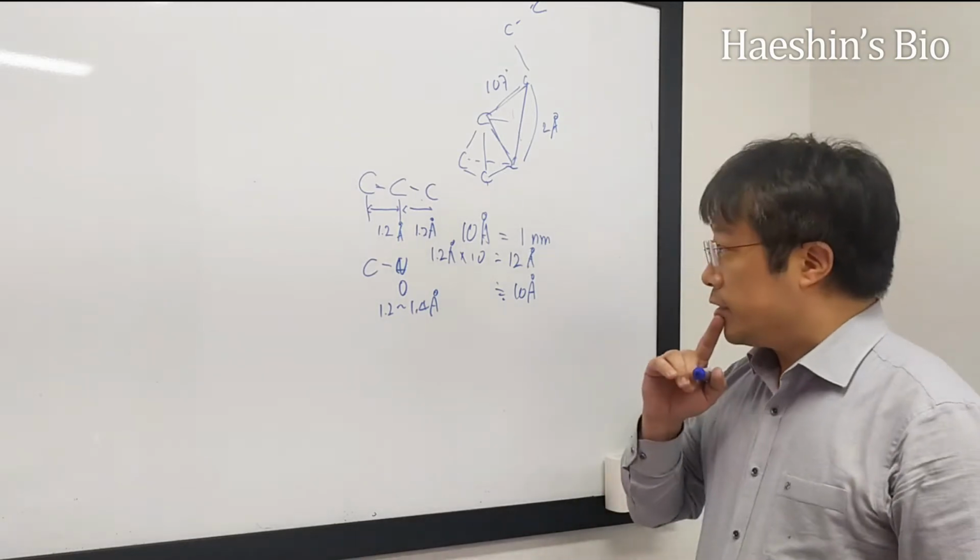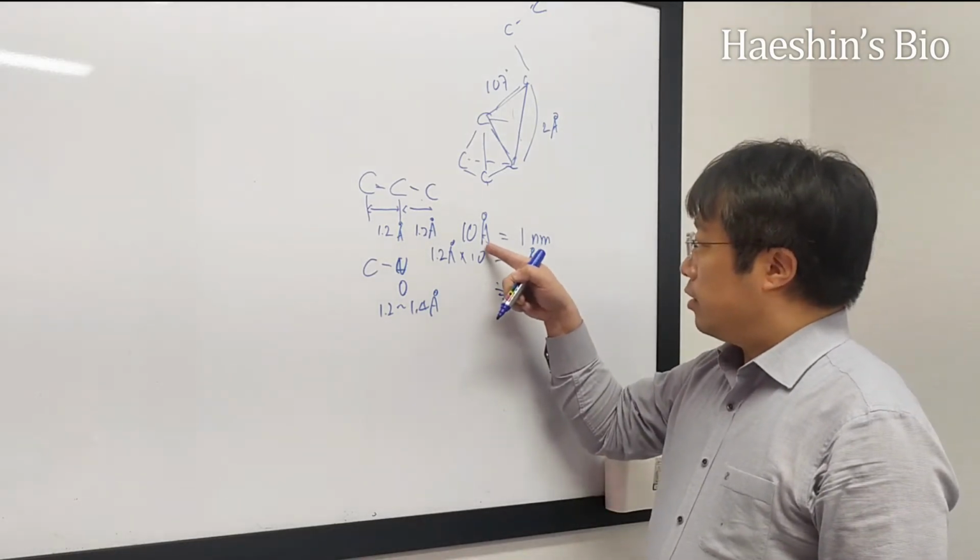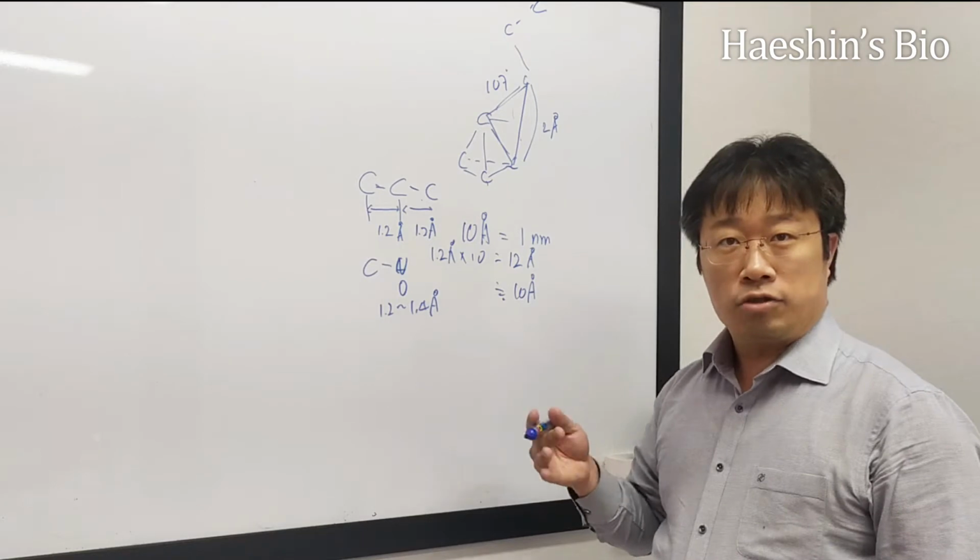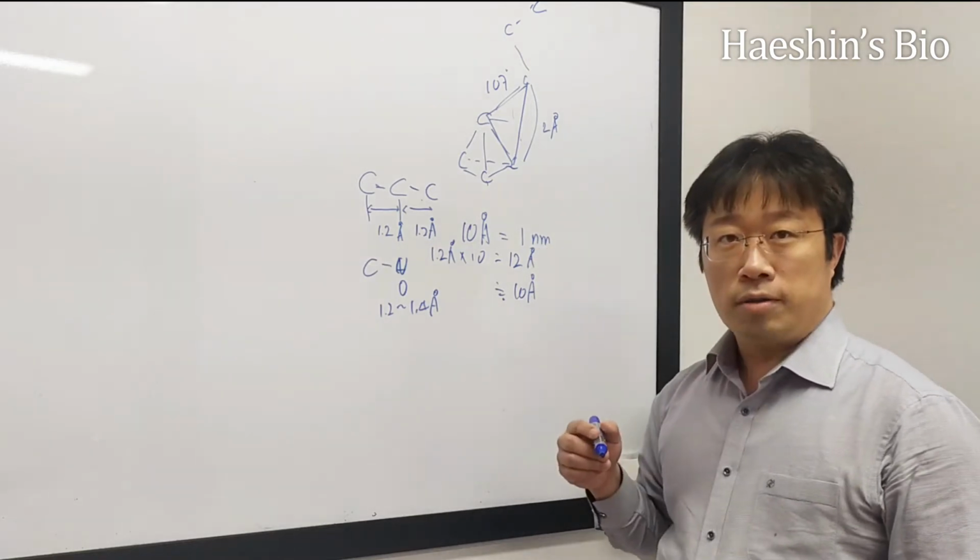That's why chemists define the angstrom unit instead of the nanometer unit.